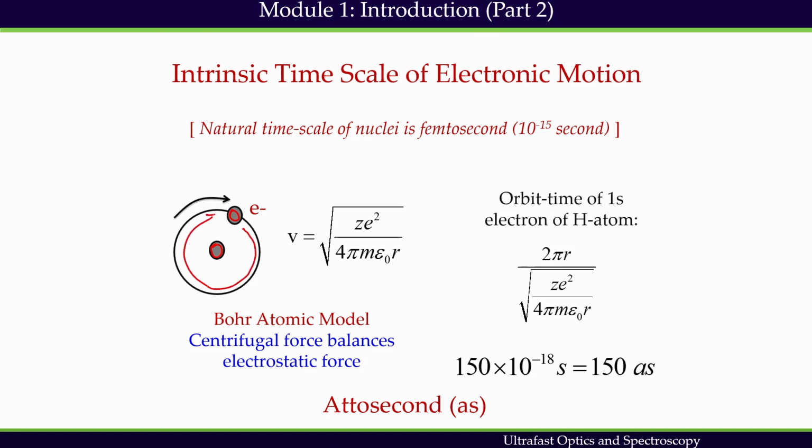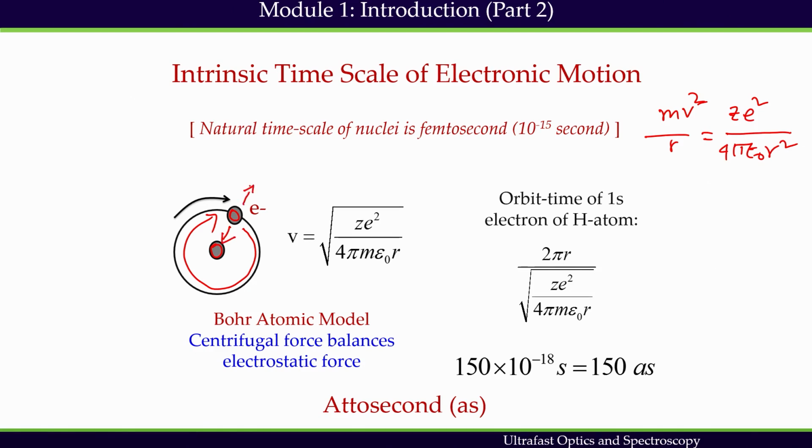If we consider the Bohr atomic model, we have a nucleus and an electron orbiting the nucleus. When it's orbiting, there are two forces: the centrifugal force, given by mv squared by r, which must be equal to the Coulombic electrostatic force, e squared over 4 pi epsilon naught r squared. The Coulombic force acts in this direction and the centrifugal force acts in this direction.